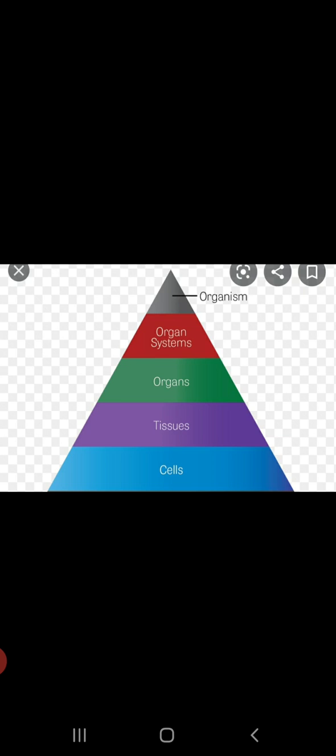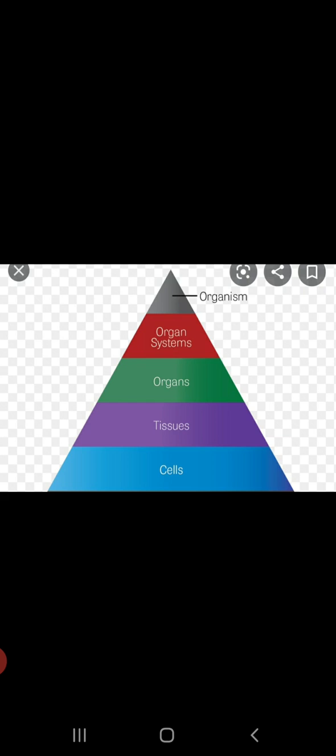Now, here the cells form the basic unit to develop the body. Cells usually group together to make tissues, and then tissues come together to form organs, organ systems, and finally organisms. Here we can see the pyramid where the cells are the basic unit of the body, of the living organisms.